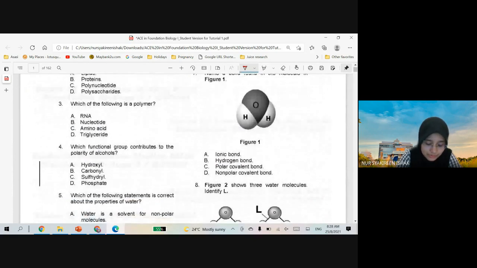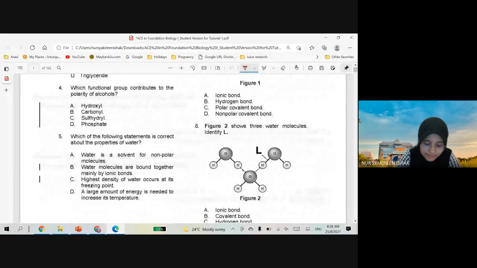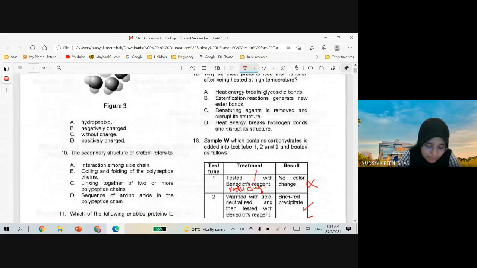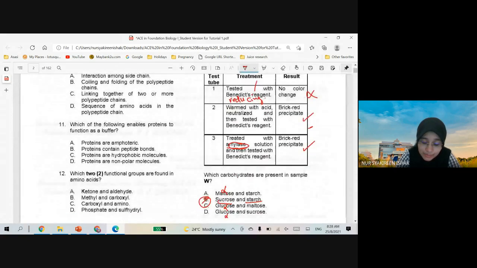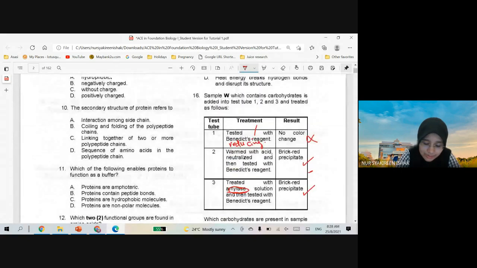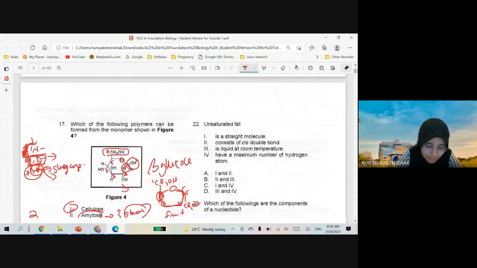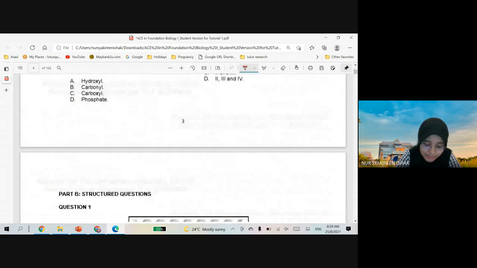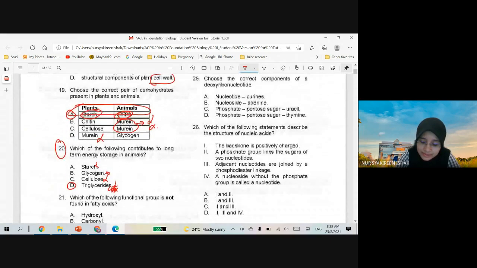Kalau tengok kat sini, dia akan tanya pasal water, alright. Lepas tu dia akan tanya pasal protein, ikut nota turutan. Lepas tu sekarang tanya pasal carbohydrate, and then lipid, and then dia akan tanya pasal nucleic acids.